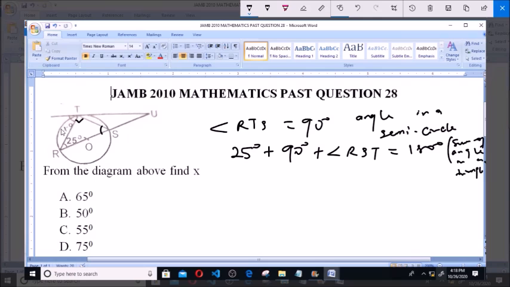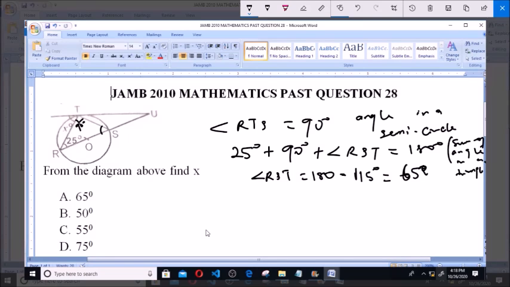Look at it, this is a triangle here. So angle RST plus this 90 degrees which we've discovered plus this 25 degrees equals 180 degrees. Therefore angle RST is equal to 180 minus 115 degrees, which is 65 degrees.